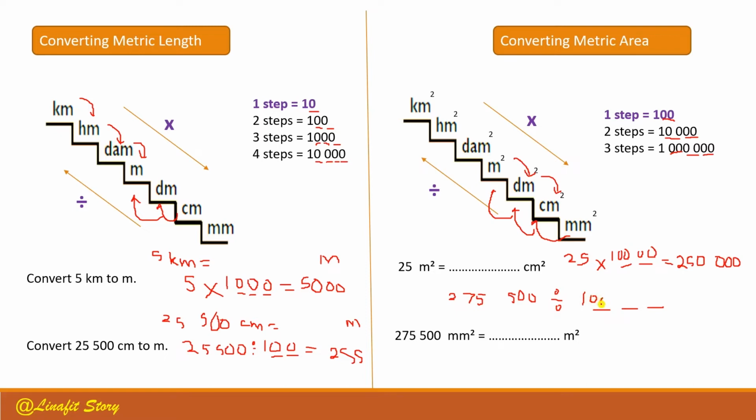So we divide by 1 million. How many zeros are there in 1 million? There are 6 zeros. So 1, 2, 3, 4, 5, 6. So the answer is equal to 0.2755.